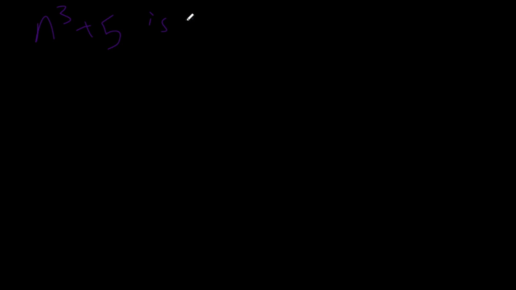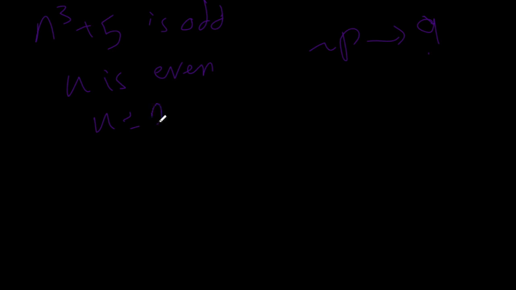Now we want to do the same equation by contradiction, and in this case, instead of having n to the power 3 plus 5 is odd, we will assume that n is odd and we want to end up with an even number. So we will now make the value n equal to 2k plus 1, and we substitute the value of n in the equation.